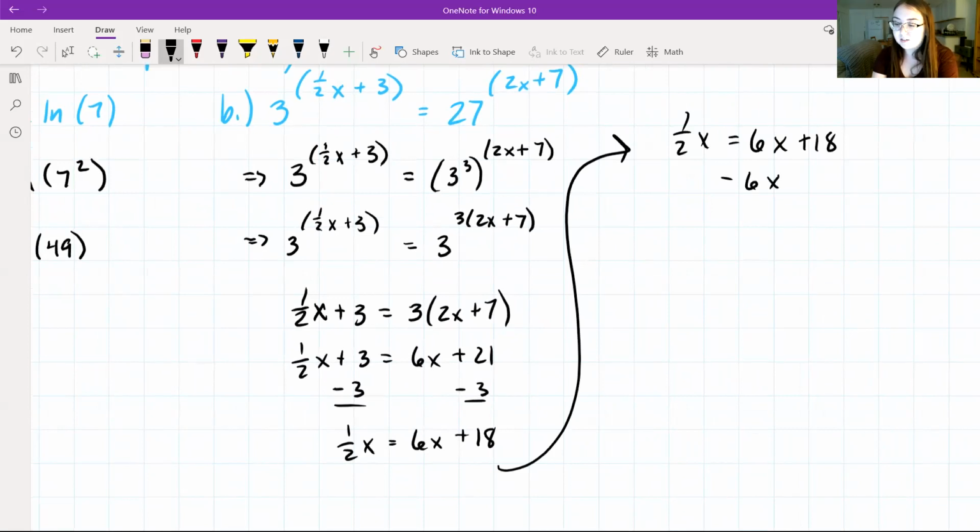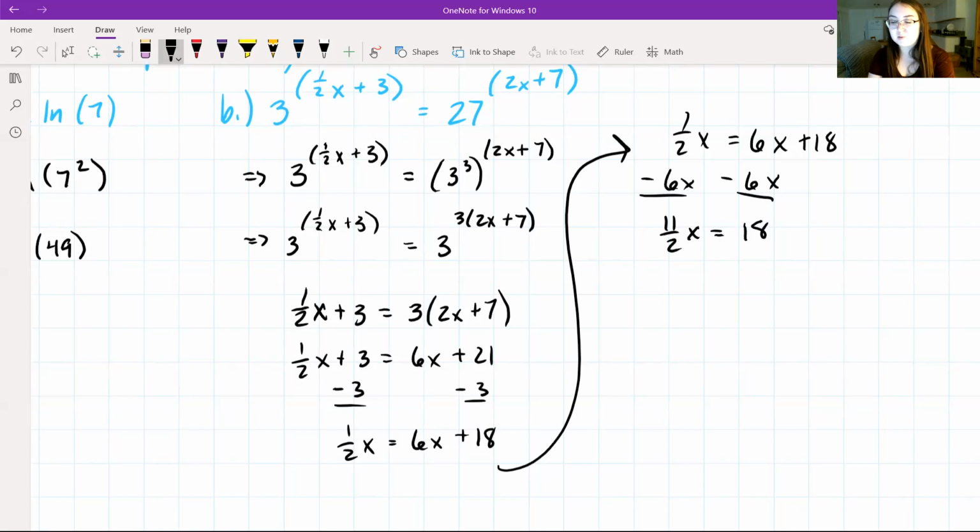And we want to subtract our 6x. We know that 6x is essentially like saying 12 divided by 2. So when we have 1 minus 12, it's technically 1 divided by 2 minus 12 divided by 2, and we end up getting negative 11 divided by 2 x.